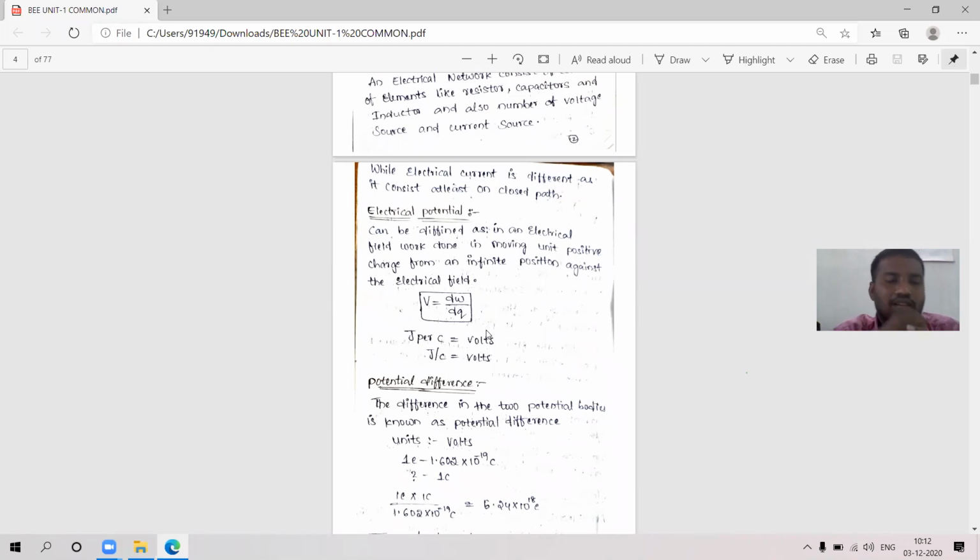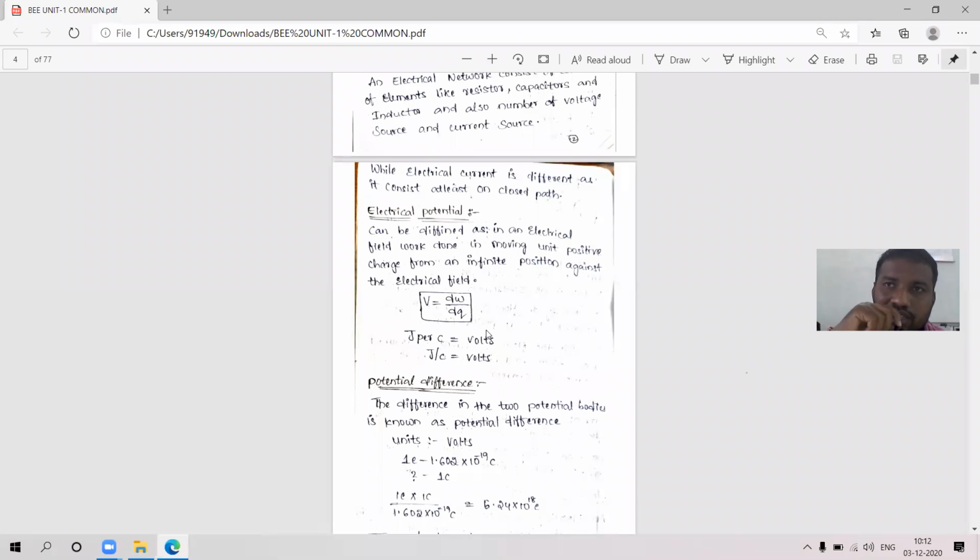Previously we took that the charge carriers are aligned in one particular direction and attracted towards the positive terminal of the battery. Here electrical potential is nothing but some work done.